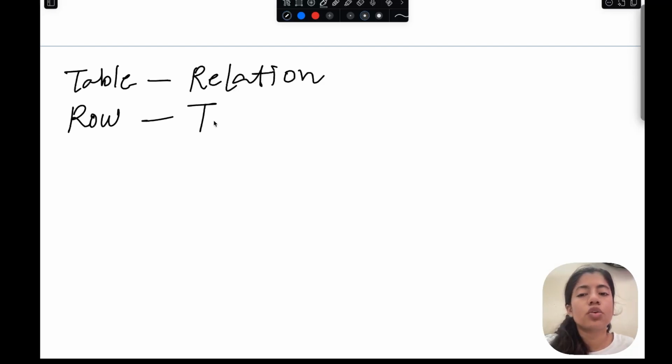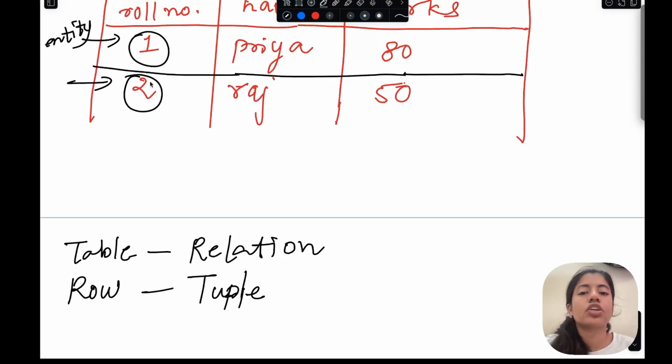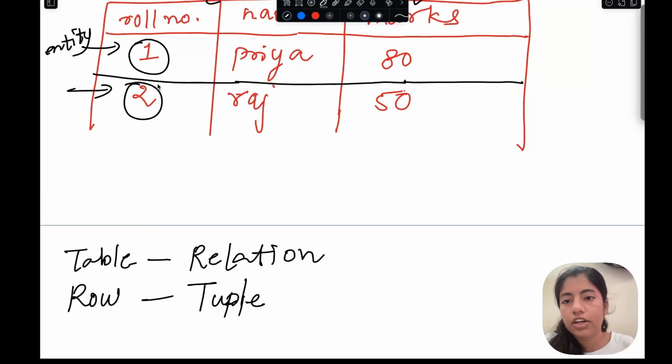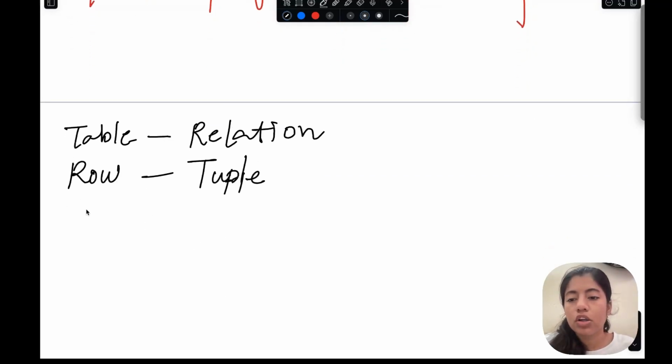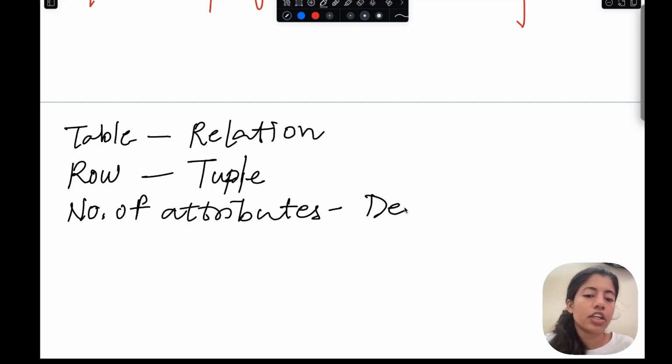We call each row a tuple, right? This is just the term for each row, which corresponds to each entity. Now the number of attributes, here we had three attributes, right? The number of attributes we call the degree of our table.